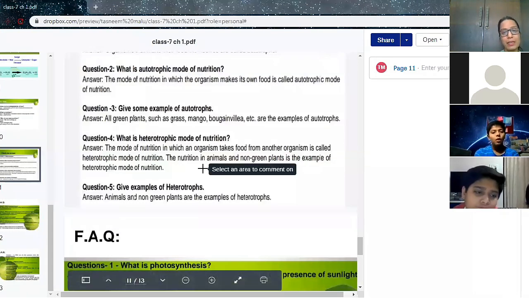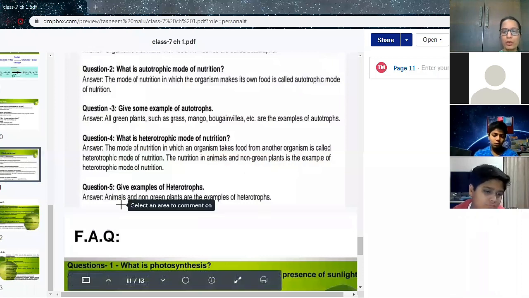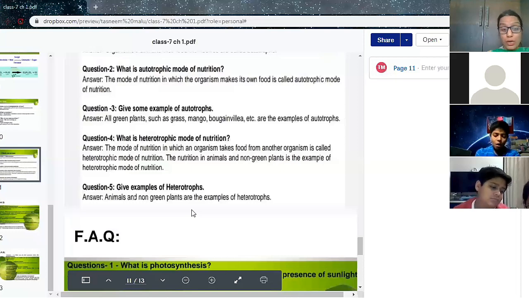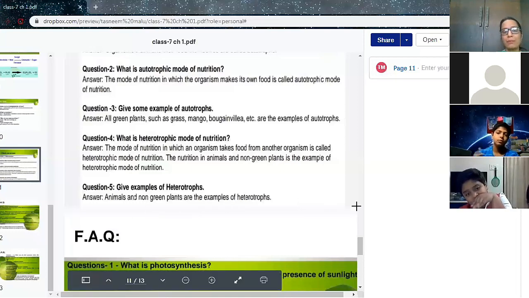The nutrition in animals and non-green plants is the example of heterotrophic mode of nutrition. Fine. Now give some examples of heterotrophs. Animals and non-green plants are the examples of heterotrophs.